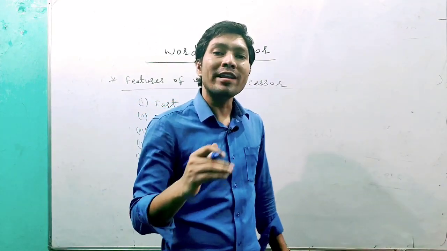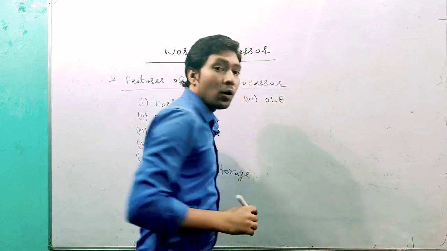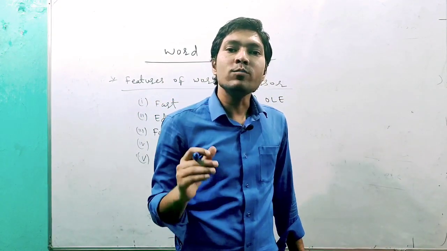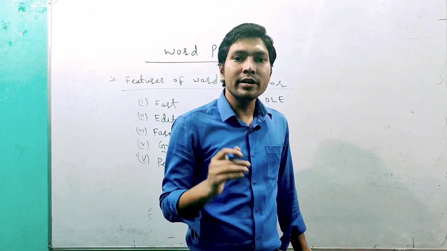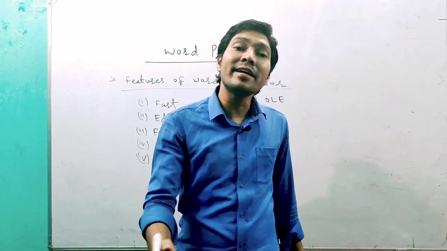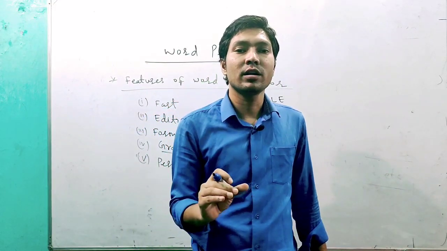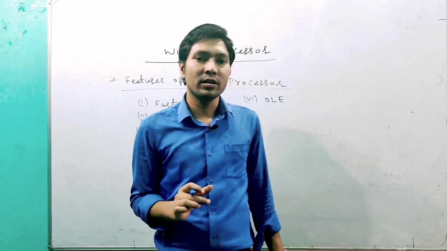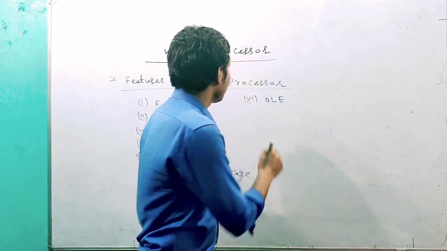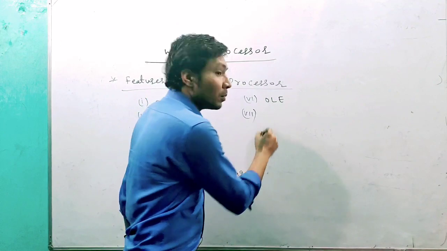The next feature is OLE. OLE stands for Object Linking and Embedding. It means you can insert an object which is created by another application into your current document. This is the meaning of OLE. The next feature is mail merge.